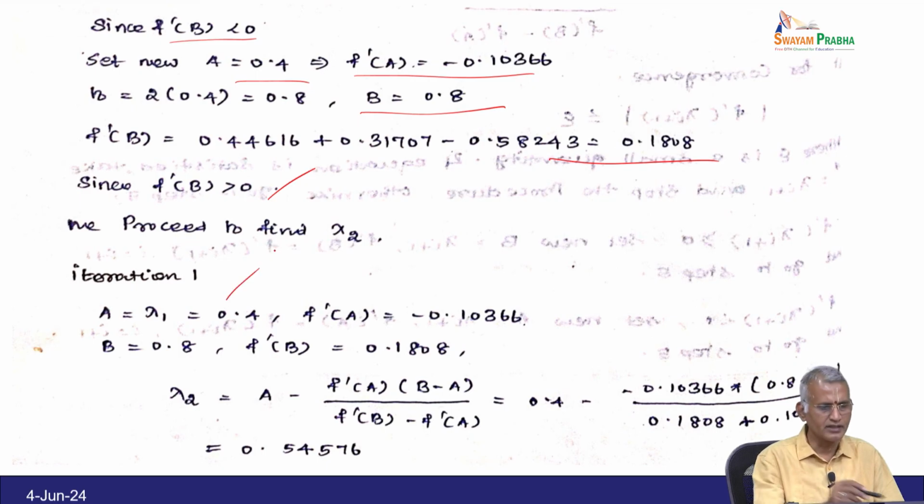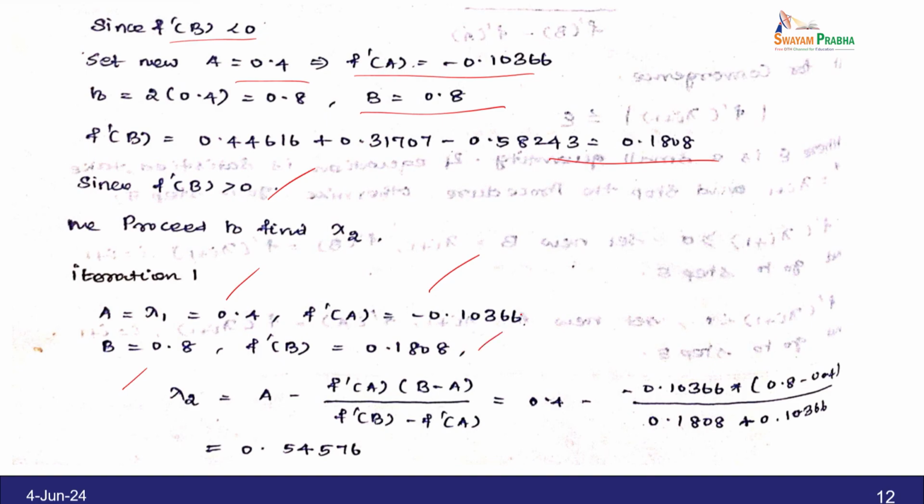Therefore, we have iteration A equal to lambda 1 equal to 0.4. Therefore, f dash of A equal to minus 0.10366 and B equal to 0.8. Therefore, f dash of B equal to 0.1808.